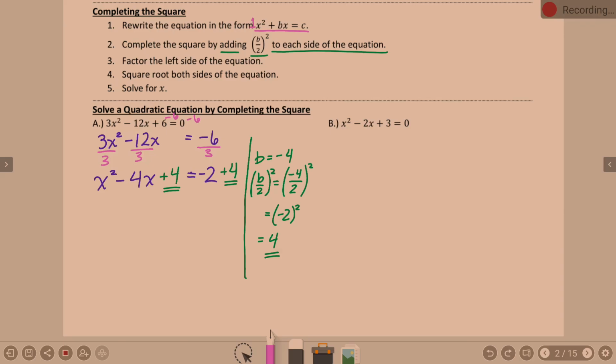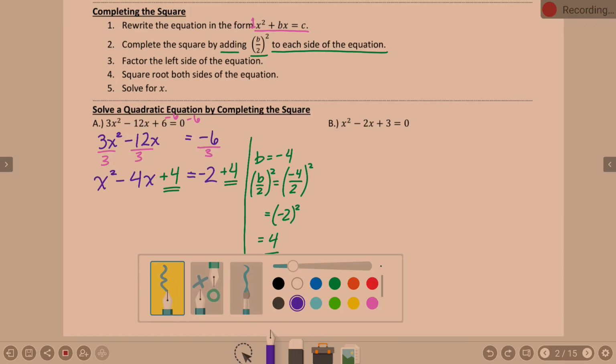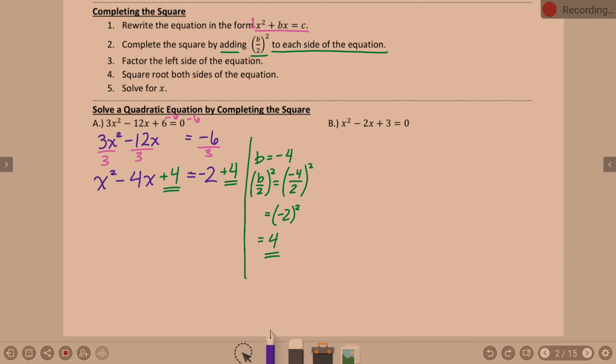Now, step 3. Factor the left side of the equation. Folks, this is what I was preparing you for in the last part. Factor the left side. I'll go ahead and set it up like that, but there's going to be something special happen every time.